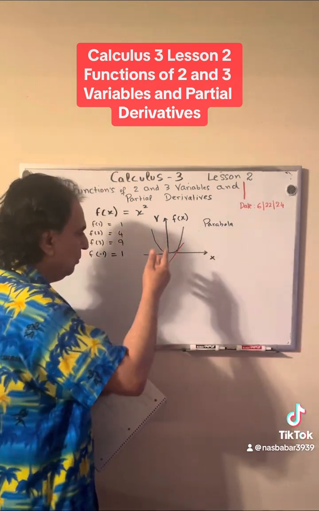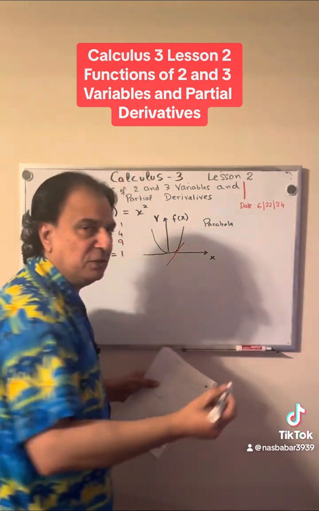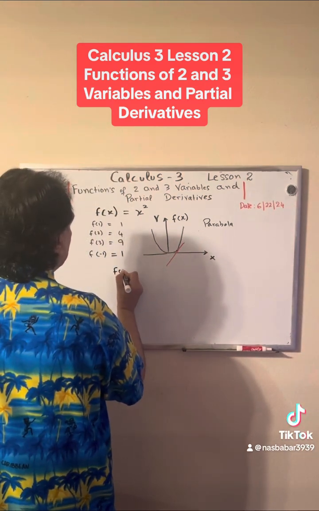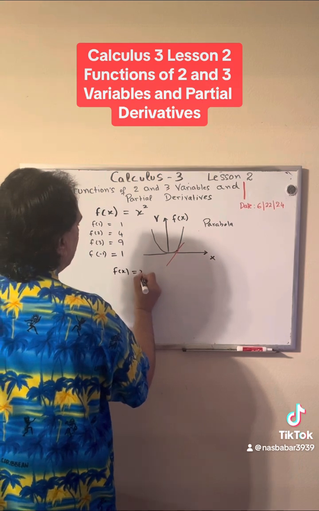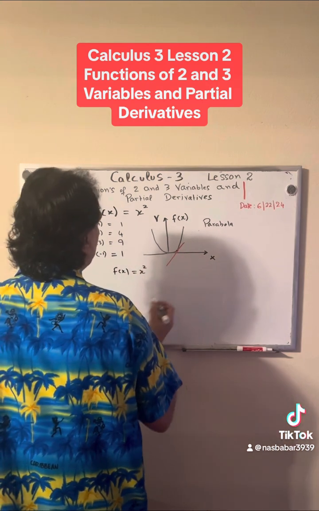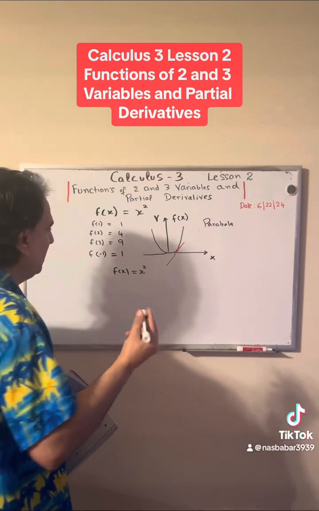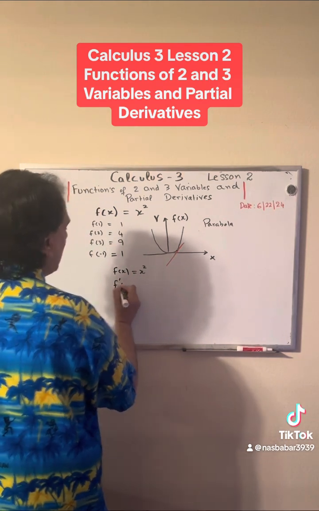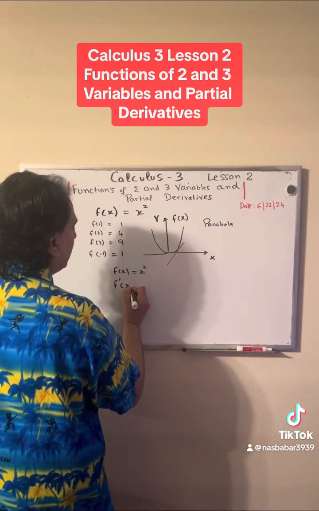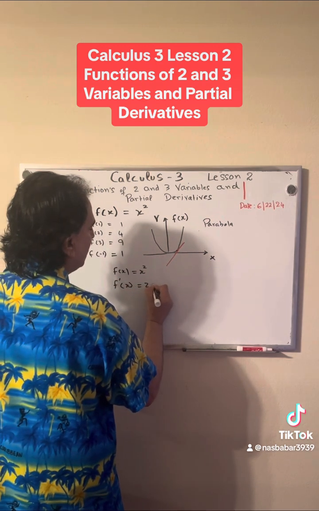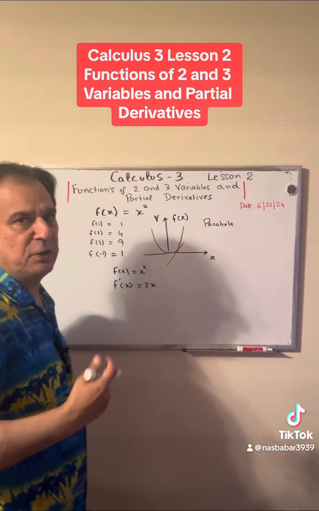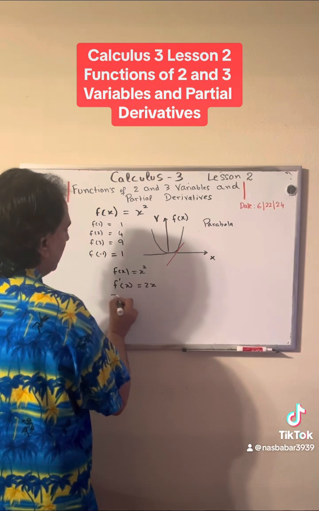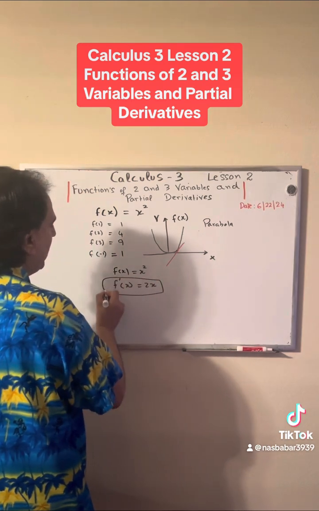So if you recall, this is basically just a revision. If you have f of x is equal to x squared, and I want to find the slope of that, we explained that you take the derivative, f prime of x, which denotes the derivative, which is equal to 2x. By now, you should be a master in derivatives. So slope is 2x.